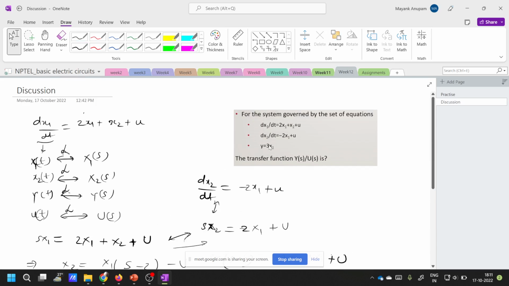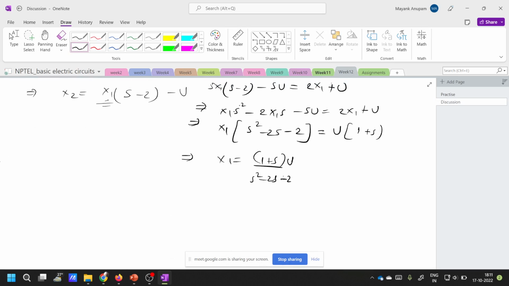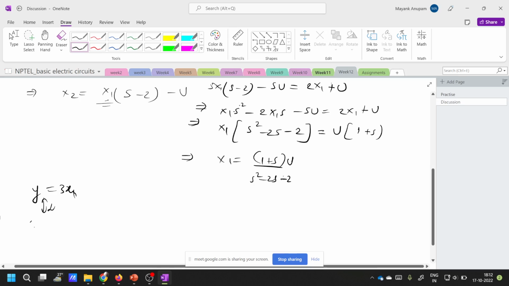Now y is equal to 3x1 is the third equation, right? So the third equation is y is equal to 3x1. When you convert it into the Laplace domain, this becomes y is equal to 3x1.